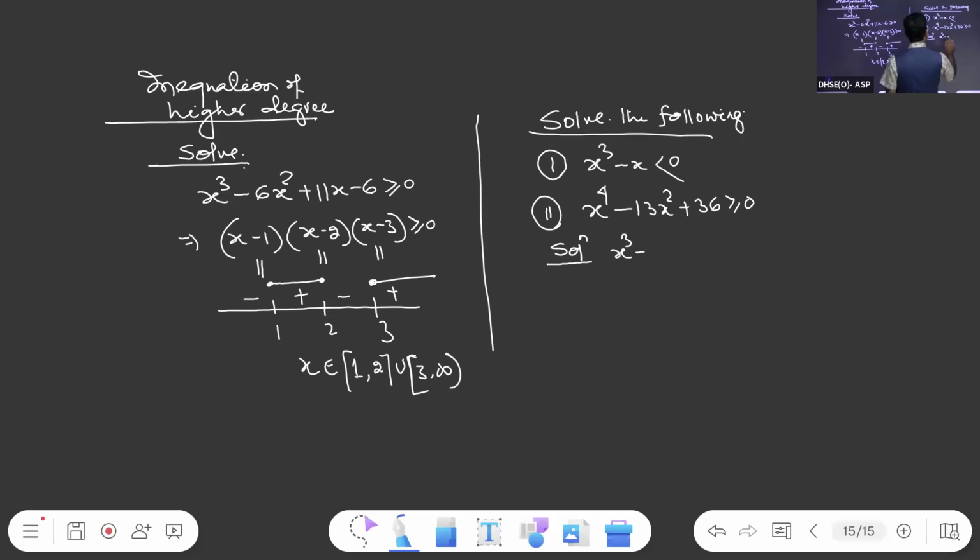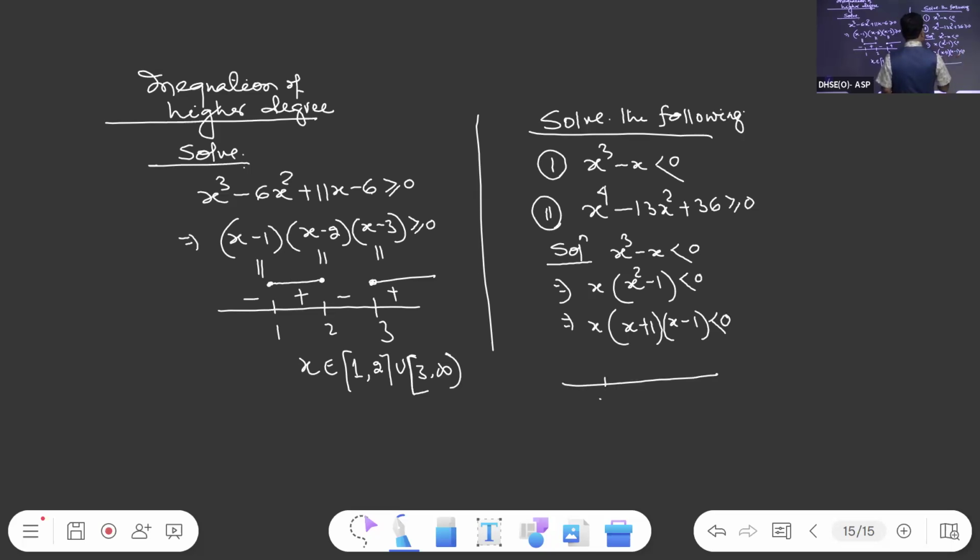x cube minus x less than 0. This implies x into x square minus 1 less than 0. This implies x into x plus 1 into x minus 1 less than 0.